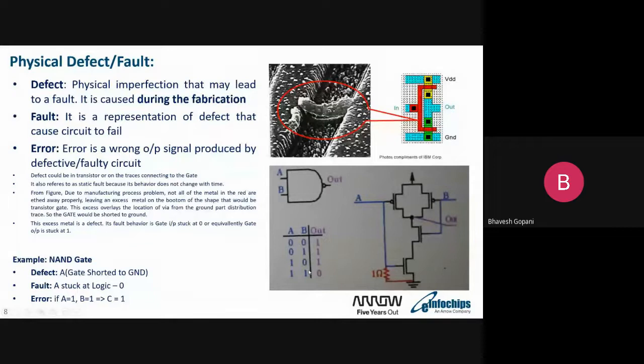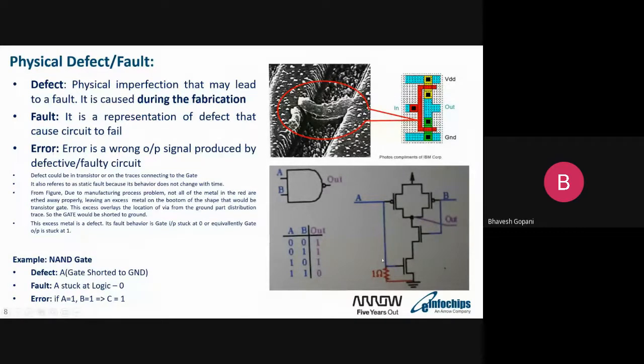But when I'm applying the 1, ideally my output should be 0, but A is already stuck at ground. So we can say stuck-at: when A and B are 1, C is equal to 1. So this output we can consider an error. Error is a wrong output signal produced by a defective or faulty circuit.